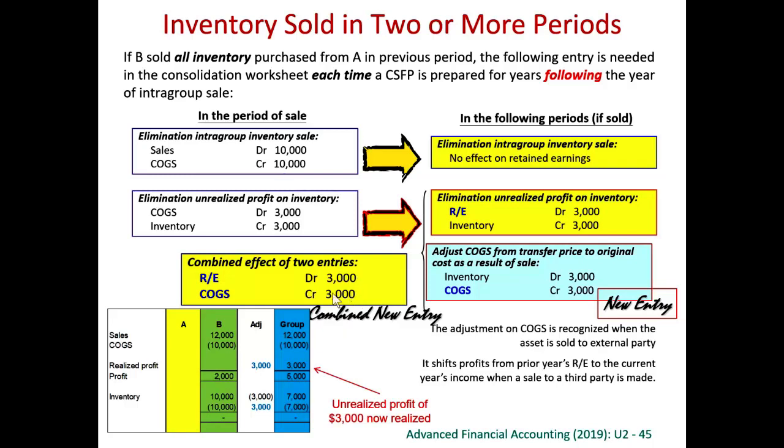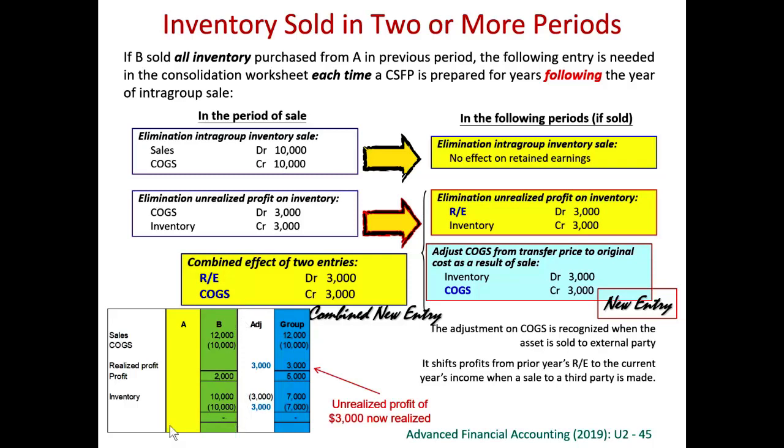No matter how much company B has sold this inventory, say for example if B actually sold it for 12,000, because B thinks that the cost of goods sold was 10,000, B only recognized a profit of 2,000.